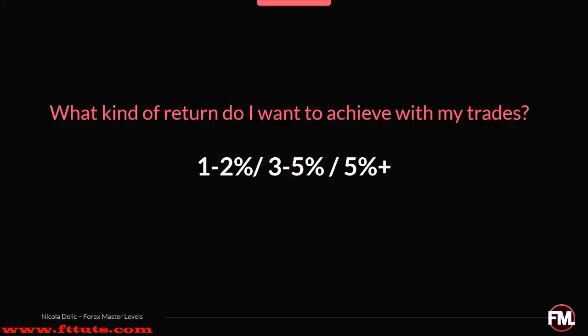So if you are looking to make 5% on your trades, it's much better to trade something that really shows some strong momentum right now, compared to trying to trade something that's not moving and then expecting your pair to reach your target.